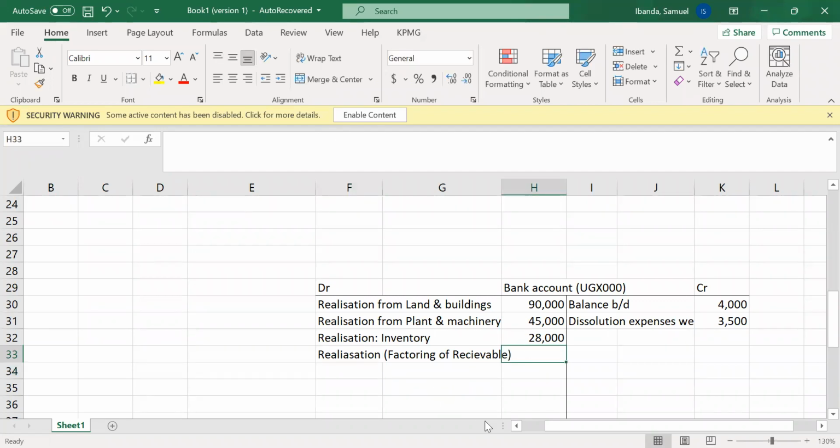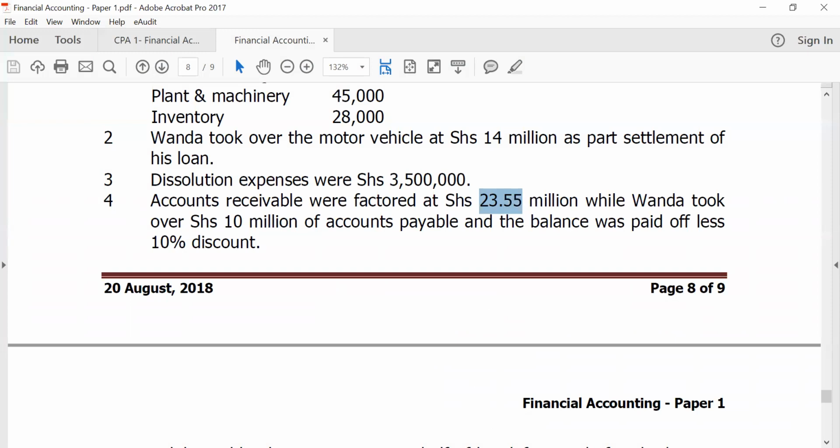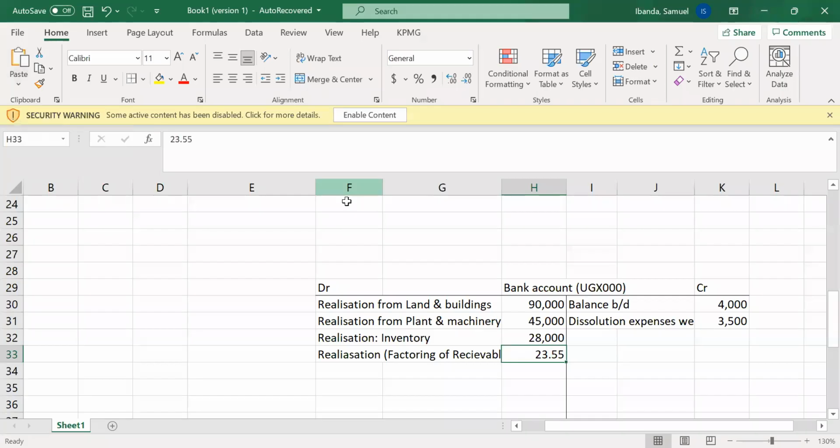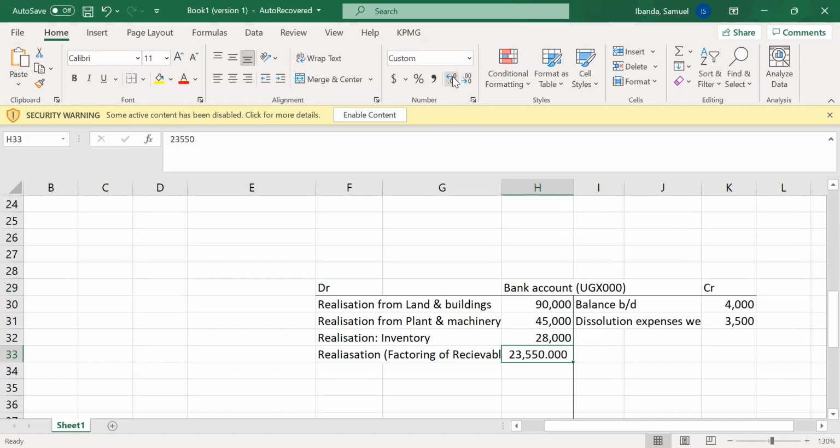So these receivables, from what they have told us, were factored at how much? At 23.55. So that is money that is coming through. So what you're doing here is just multiplying this by 1,000, and it will be 23,550. That is basically what we have.